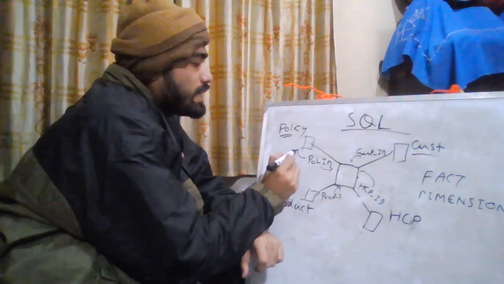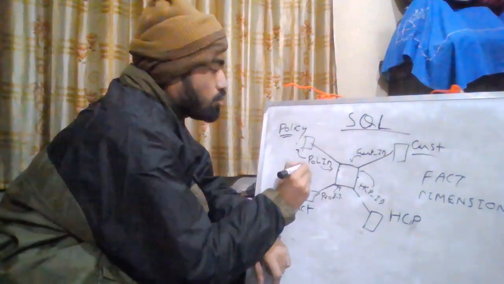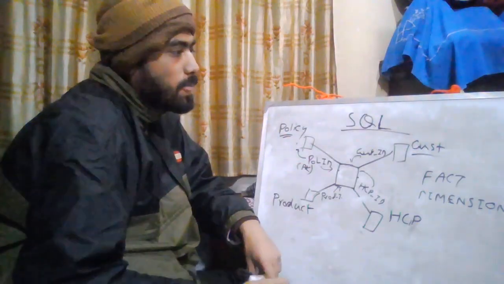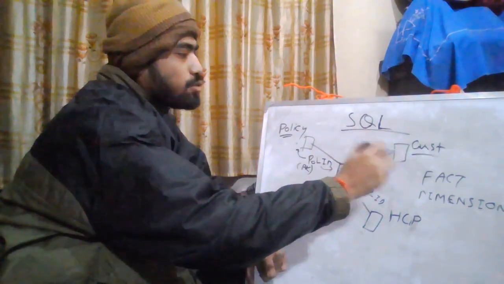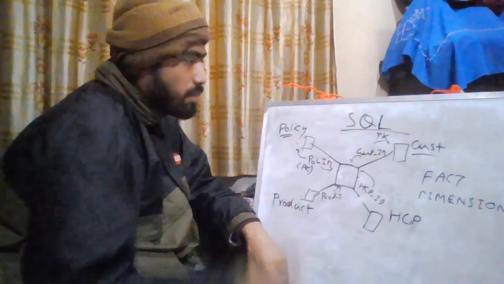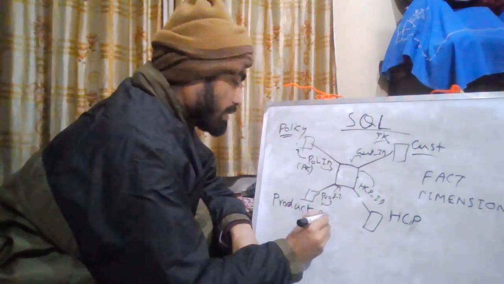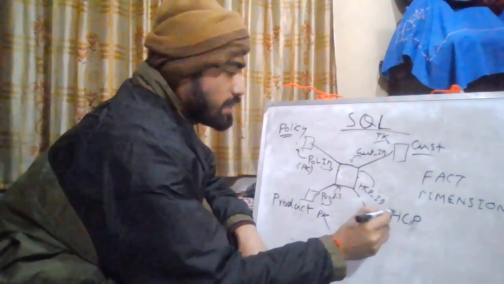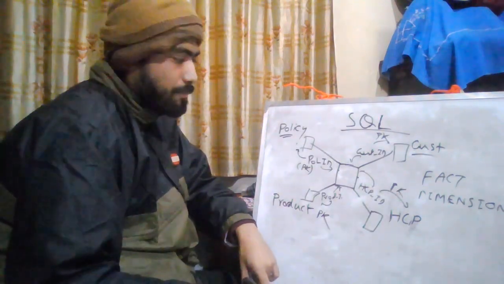So this policy ID or pol ID is basically the primary key to the policy table. Cust ID is the primary key to the customer table. Prod ID is the primary key to the prod table, and HCP ID is the primary key to the HCP table.